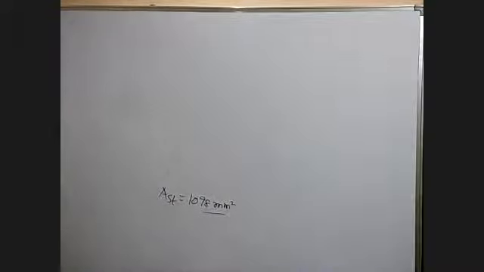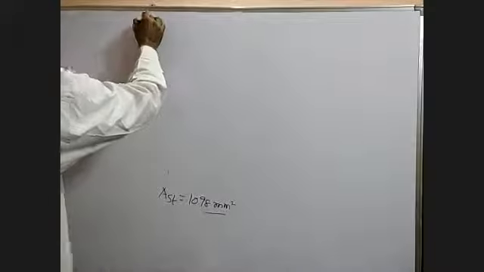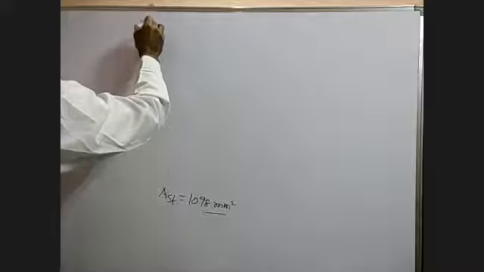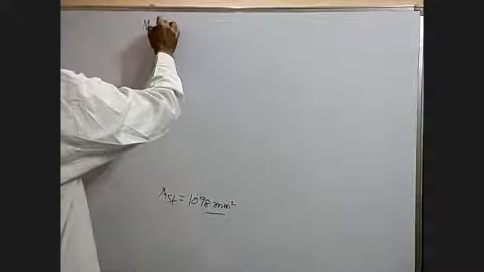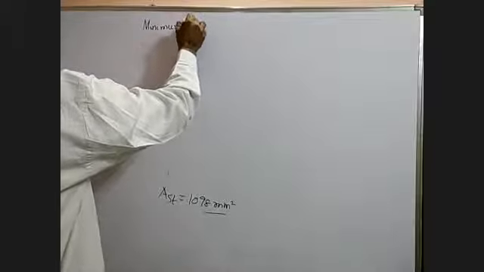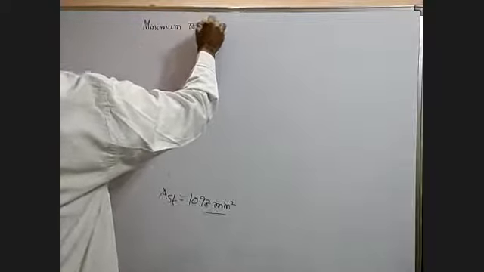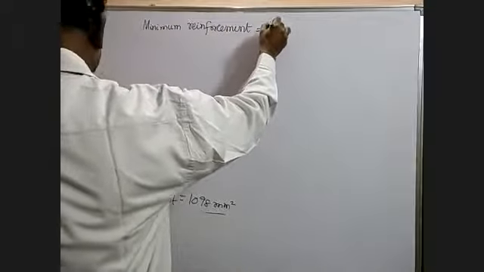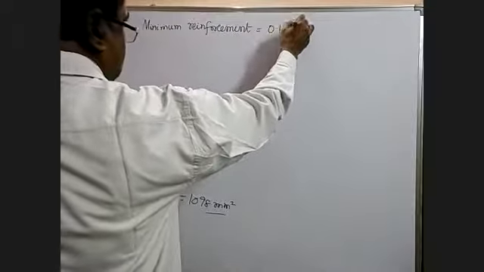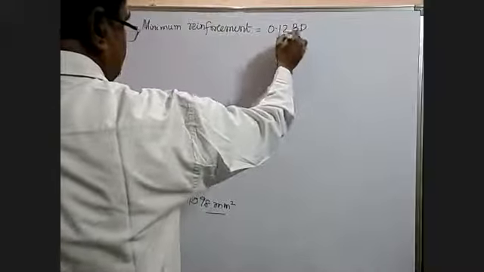The important thing here is the minimum reinforcement. Minimum reinforcement is 0.12 BD by 100.